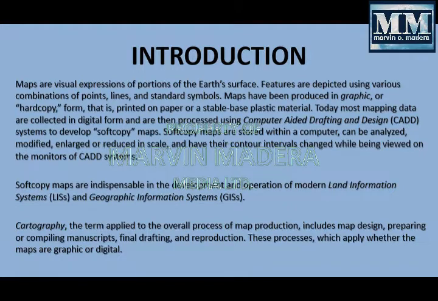These processes apply whether the maps are graphics or digital. So that means today's use of maps has evolved into the use of land information systems or geographic information systems, which will be dealt with in the later part of our subject.